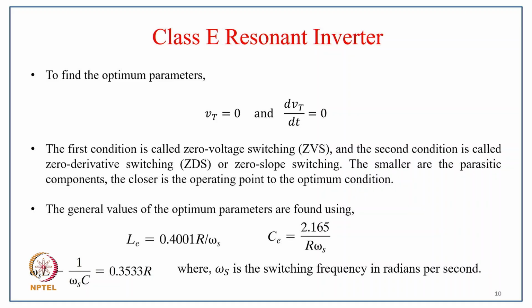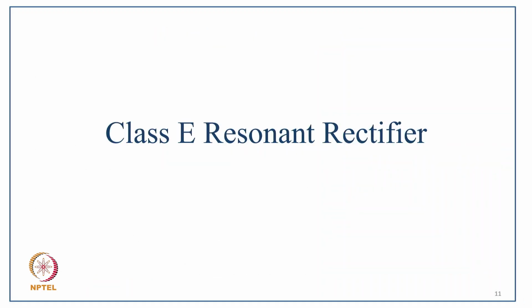And these are the parasitic components. The closer the operating point is to the optimum condition, the better, and the general values of the optimum parameters are found: L equal to 0.4001 R divided by omega s, and C equal to 2.165 divided by R omega s, and omega s L minus 1 upon omega s C equal to 0.03533 R, where omega s is the switching frequency in radians per second.